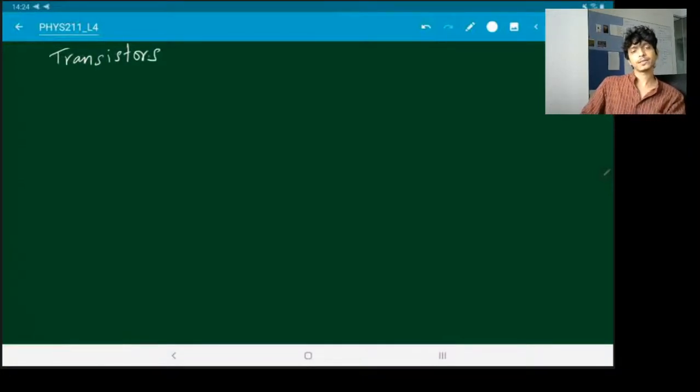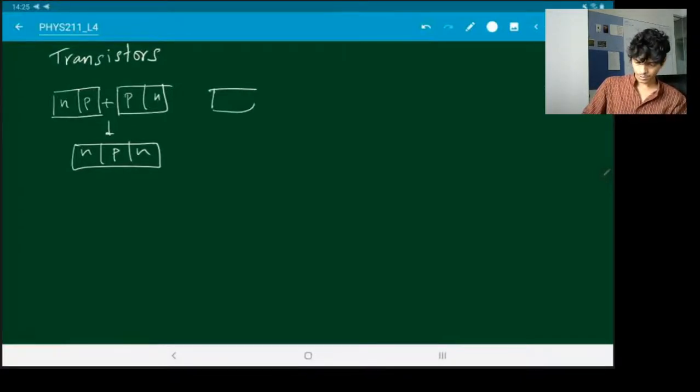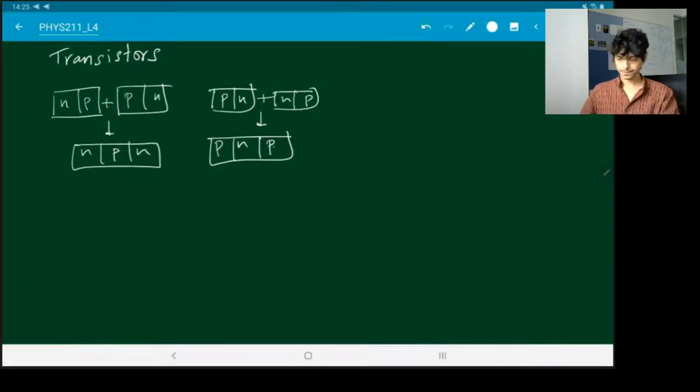You can think of a transistor as being made from two diodes together. So for example, if you have an NP diode and a PN diode, then you can think of them forming an NPN transistor, or you can have a PN with an NP giving you a PNP transistor.